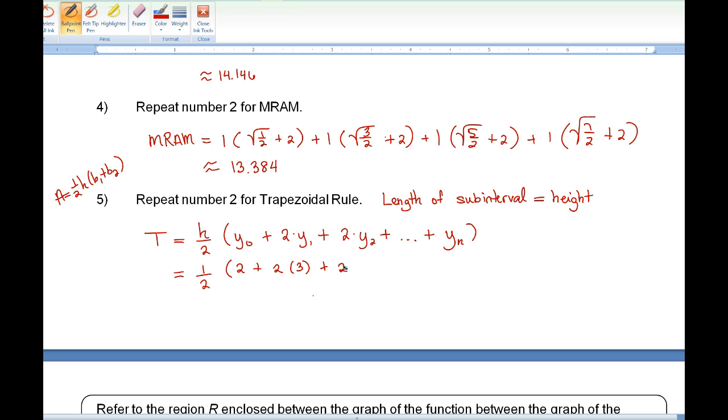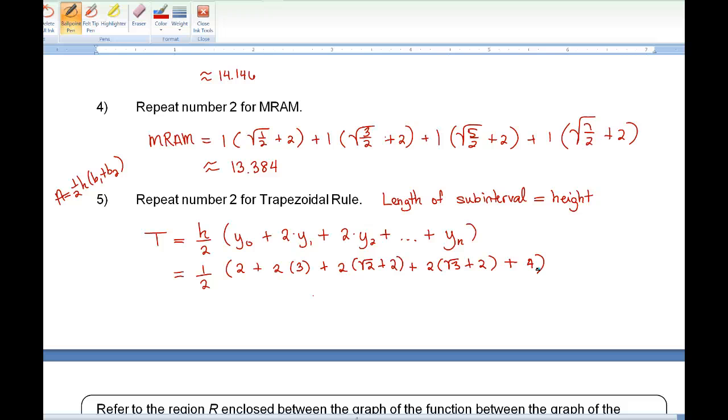What's the next one? It's going to be 2 times root 2 plus 2. And then the next one is 2 times root 3 plus 2. And then the last one gets used once, and that came out to 4. So 2 and 4 are used once, but all the others are used twice.